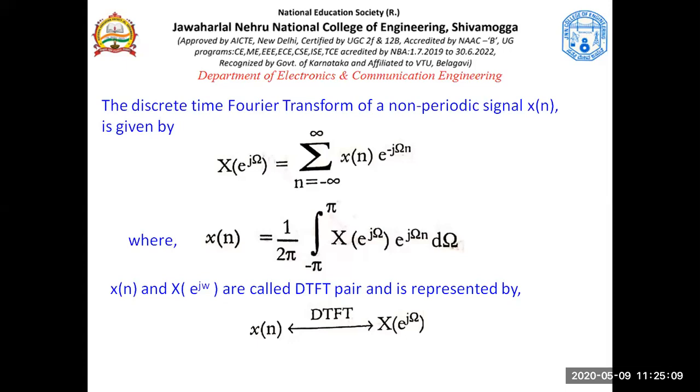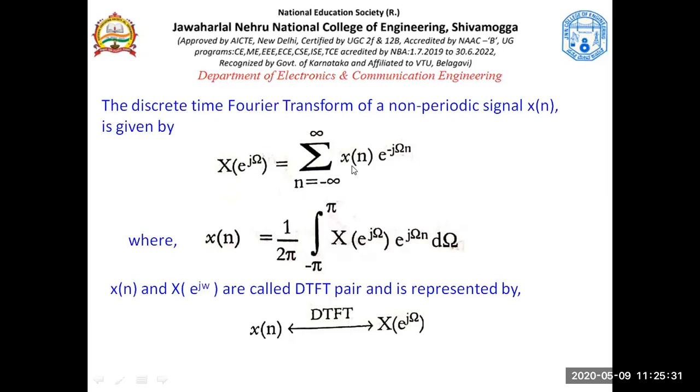So in the frequency domain, it is called the analysis equation. In the time domain, it is called the synthesis equation. That means if you give me the frequency components, I'll build x of n, and I know how to get x of n into the frequency domain, by using this formula. Everybody understand?